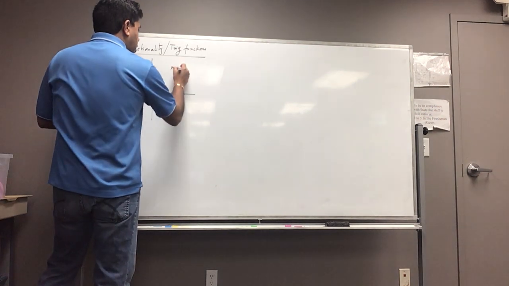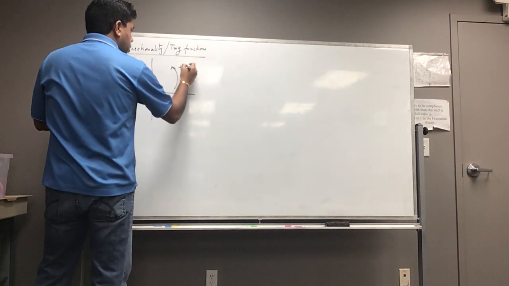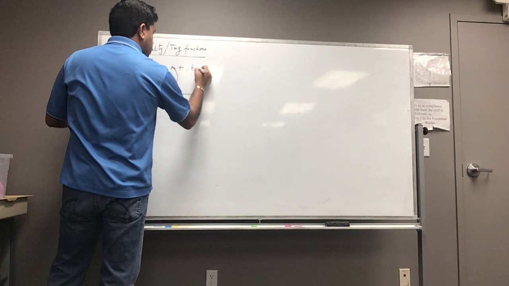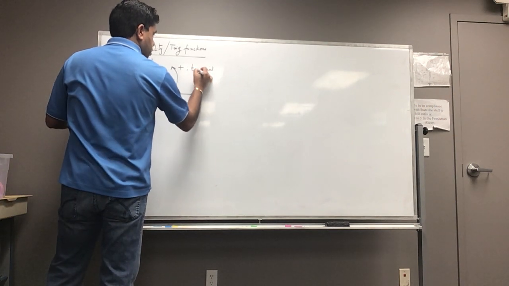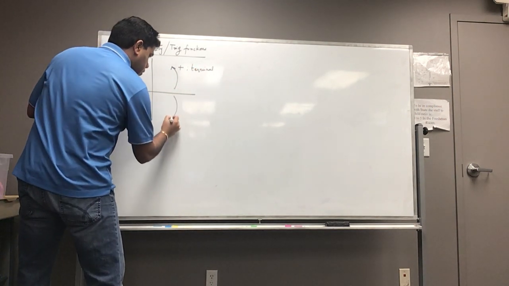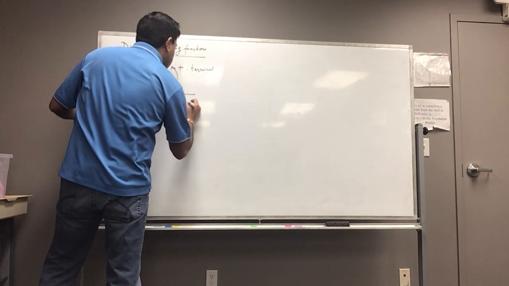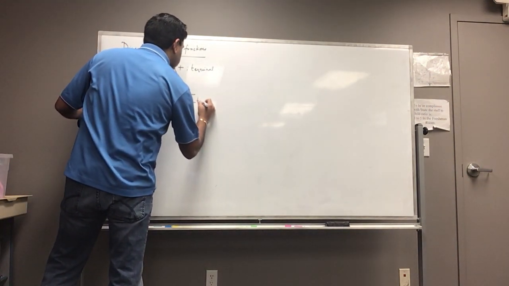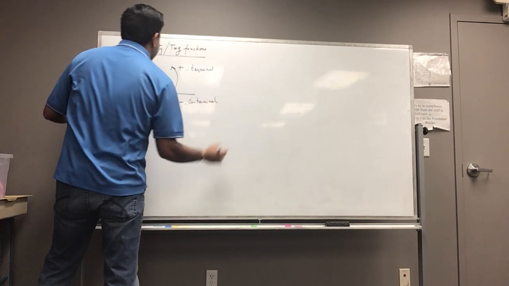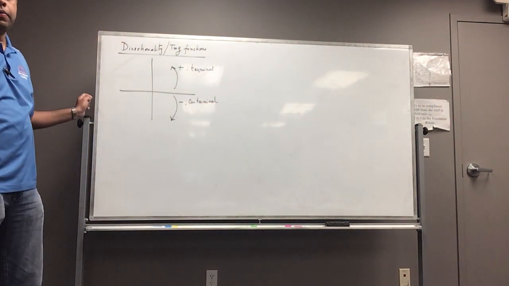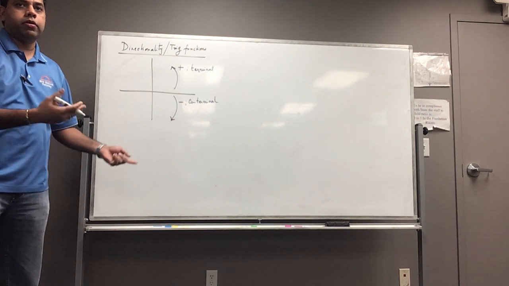Counterclockwise is called the positive direction, called the terminal direction. Clockwise is called the negative direction, called the coterminal direction. Make sense? So the direction matters.